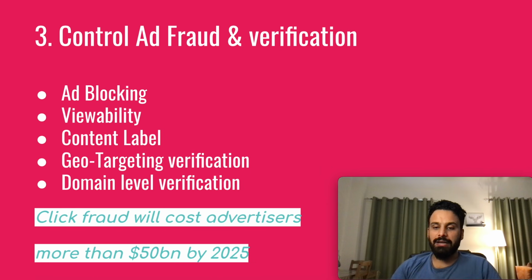Then you can also set rules for content labeling, where you can stop your campaigns from running on different kinds of contexts, websites or apps. Then you can also do geo-targeting verification. One of the things you have to remember is that with Campaign Manager you can integrate third-party vendors. There are dedicated companies like IAS and Moat, whose job is just verification.